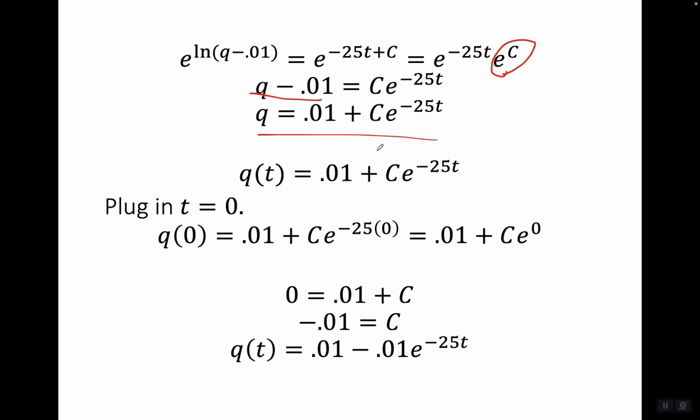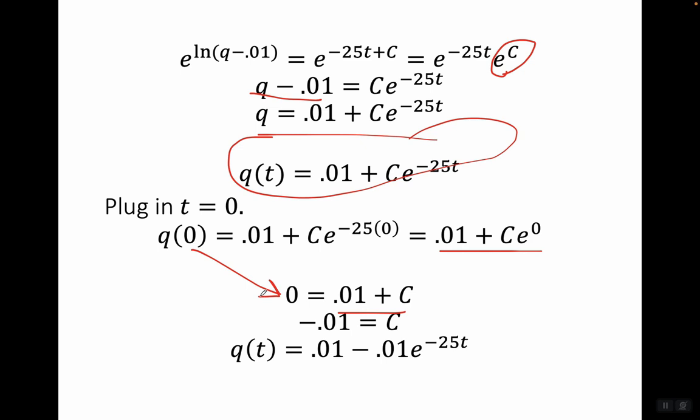So that's our formula for Q, in other words, Q of t, the charge at time t. To find C, let's plug in t equals 0. So Q of 0 equals 0.01 plus C e to the negative 25 times 0, which is 0.01 plus C e to the 0. E to the 0 is just 1, so this simplifies dramatically to 0.01 plus C. And Q of 0 we know is 0.